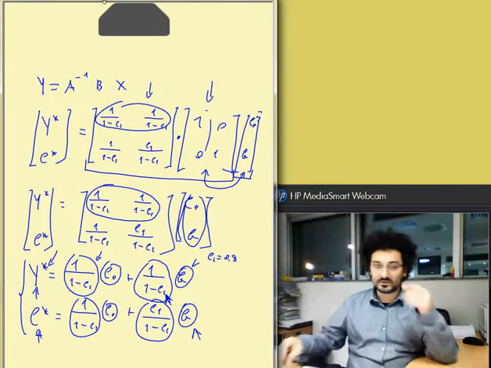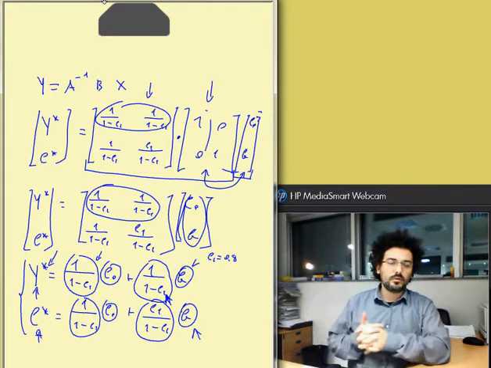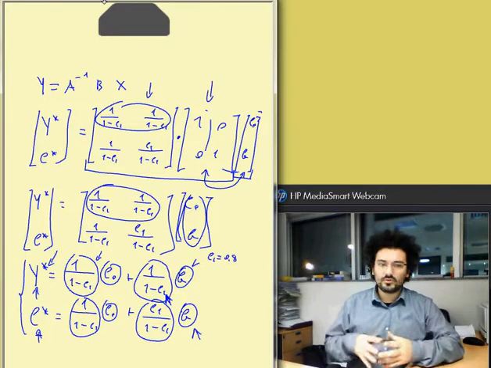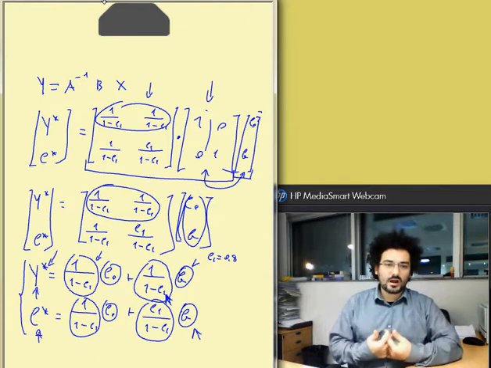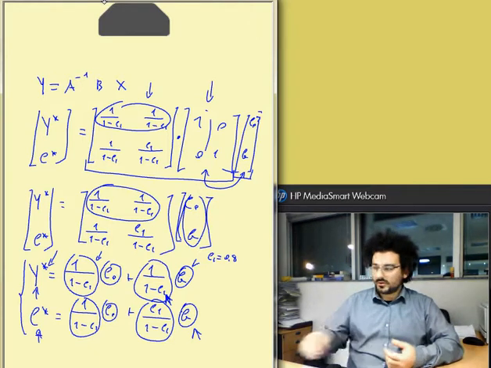So this is a very simple model, but it's very useful to show the utility we can derive from the mathematical tools we have explained before.